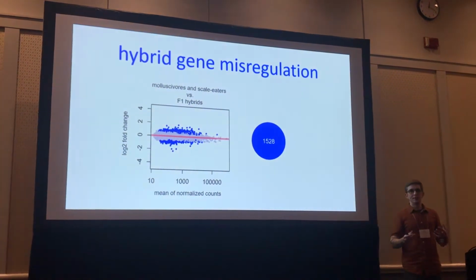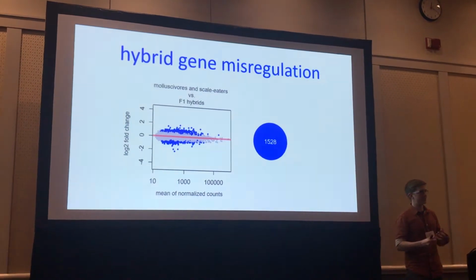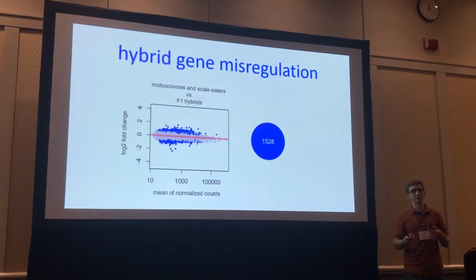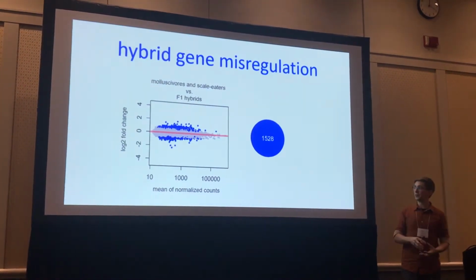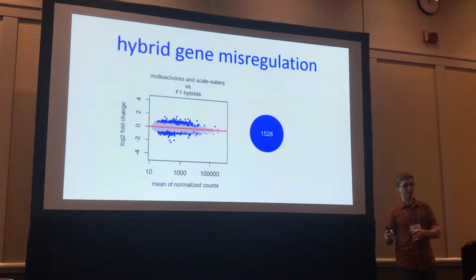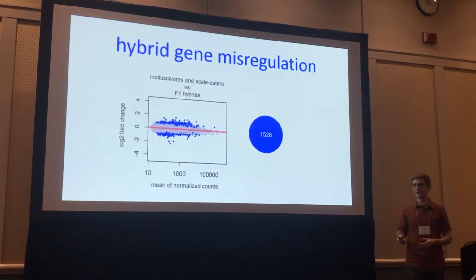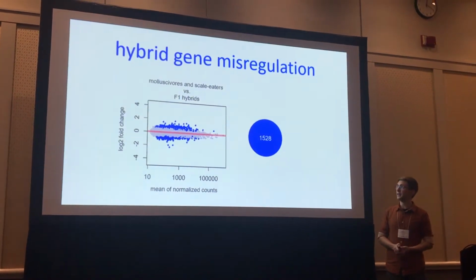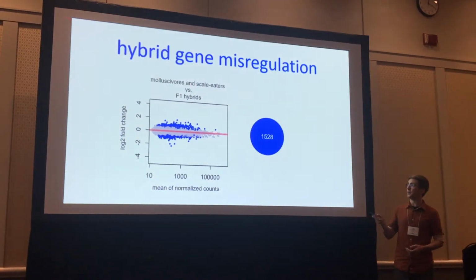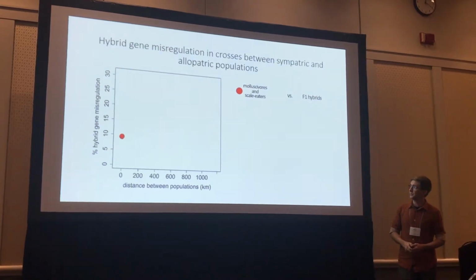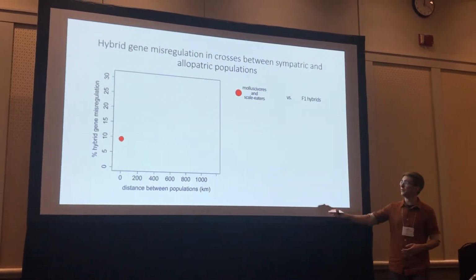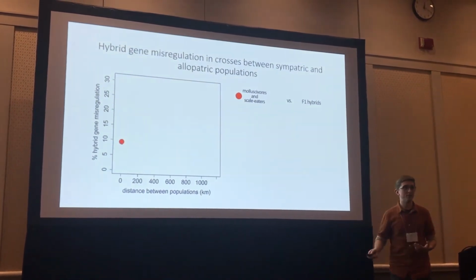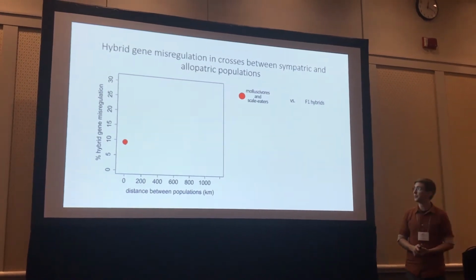So here I wanted to take these F1 hybrid transcriptomes and ask, can I find genes that are significantly differentially expressed between F1 hybrids and purebred F1s generated from their parental populations? And I found about 1,500 genes were misregulated in hybrids that resulted from a specialist cross. And if we look at the total number of genes misregulated, that amounts to about 10%, which was pretty striking.